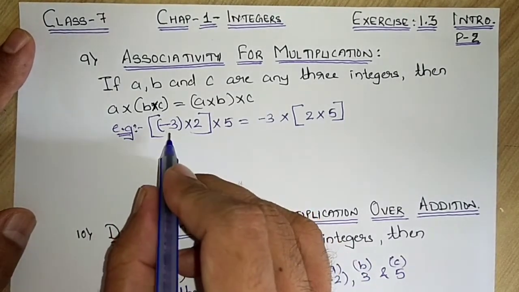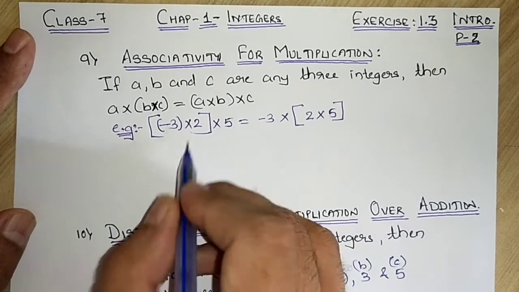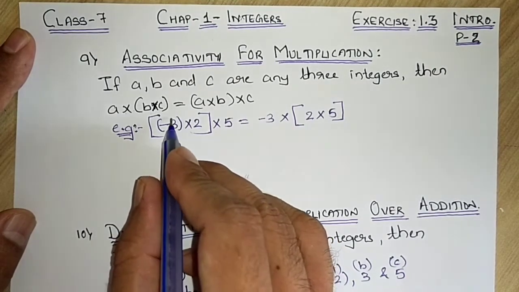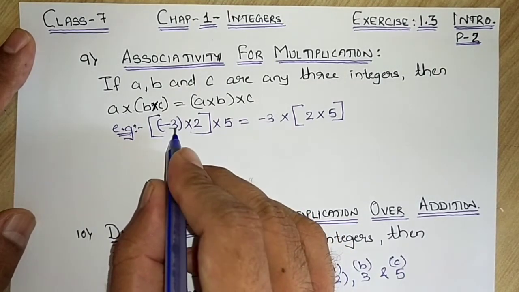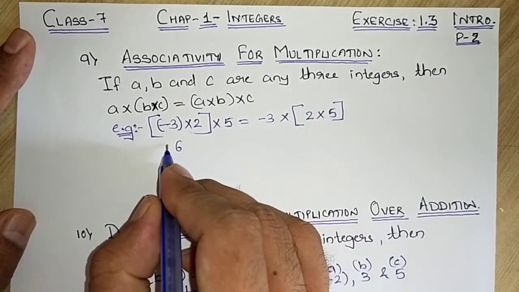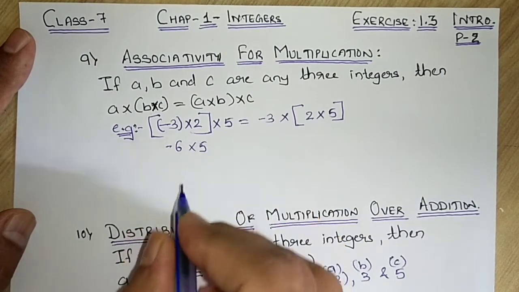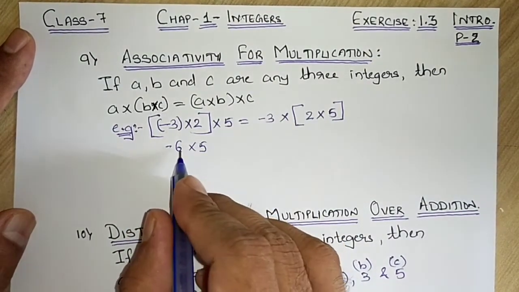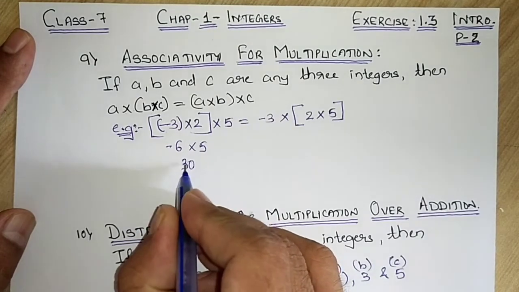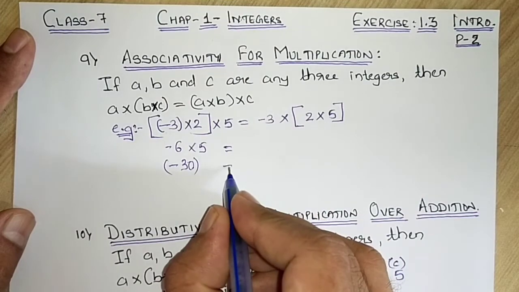You know how to multiply integers with one negative and one positive. You multiply the numerical value, that is 3 into 2, 6, and one negative, so you get -6. Multiply by 5. Again same procedure, 6 5s are 30 and you give the negative sign. So this was our LHS.